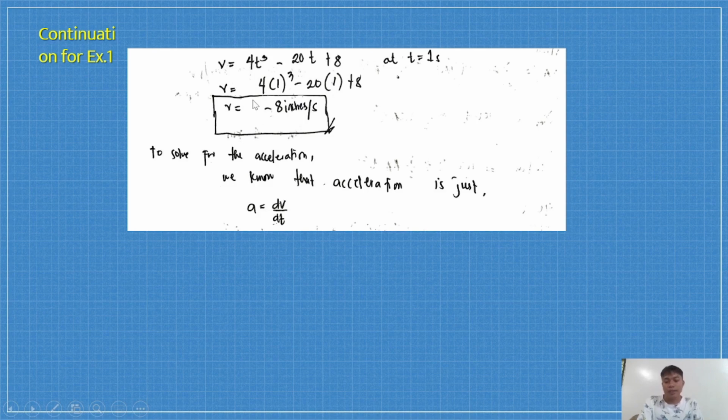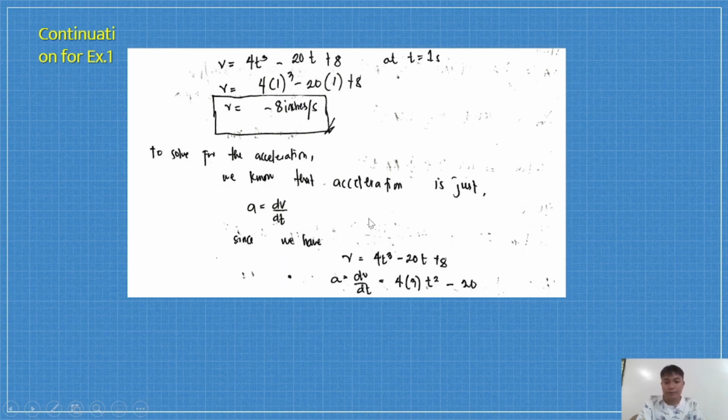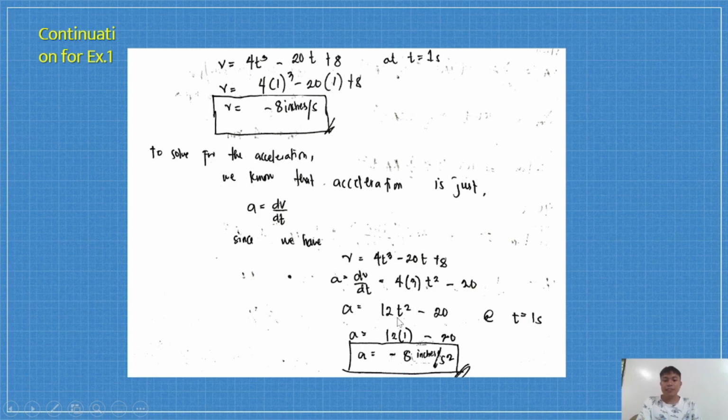So it becomes 4 times 3t squared minus 20t, where the last term becomes 0. That gives us 12t squared minus 20. So at 1 second, the acceleration is negative 8 inches per second squared.